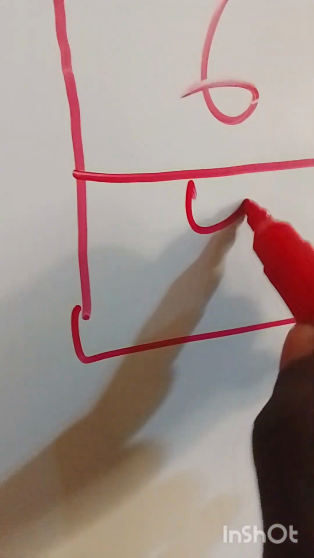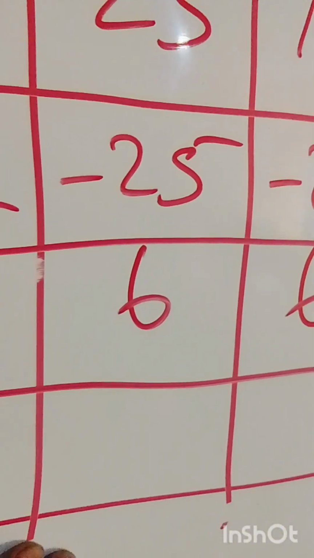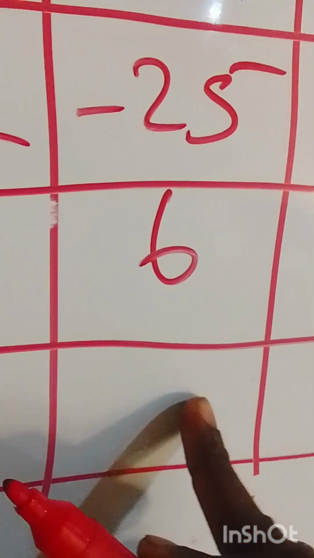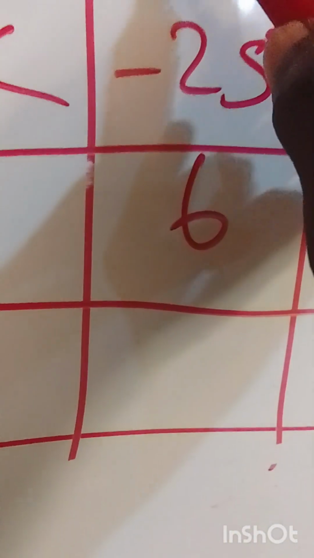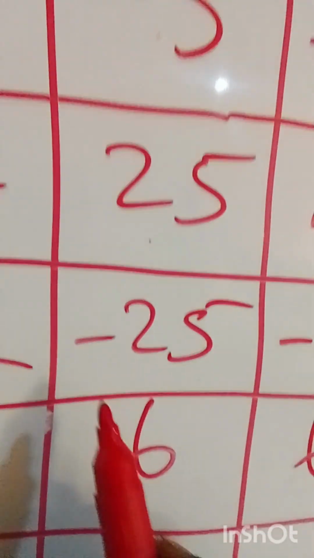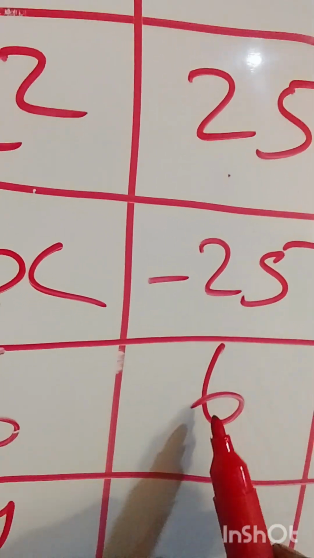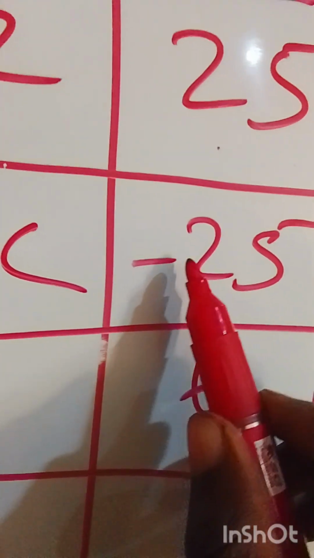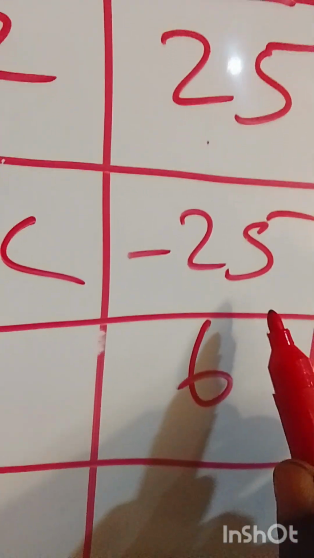Now, this is our y. Now, when you come to the y, you will solve each of these. That's how you will fill the given column on the y side. Now, 25 minus 25 is 0.